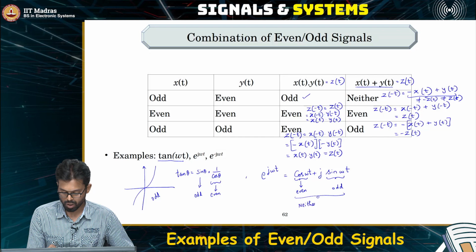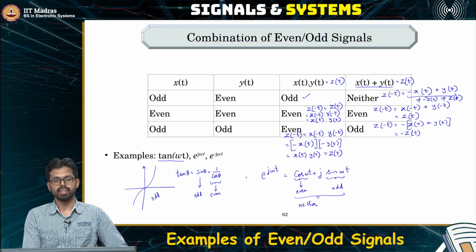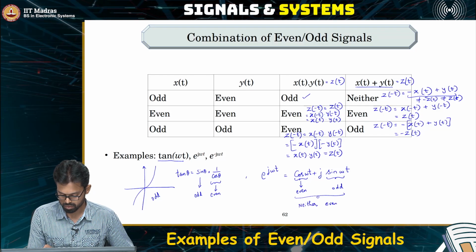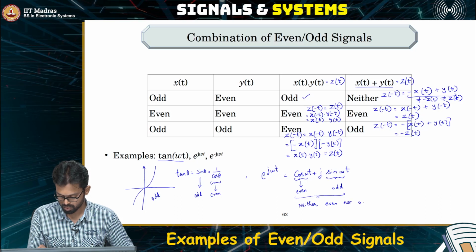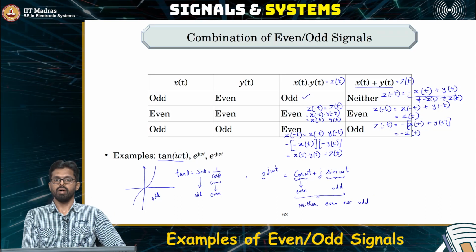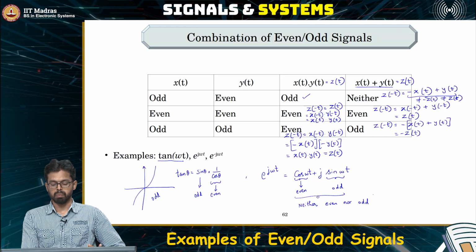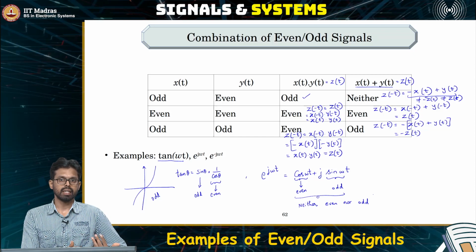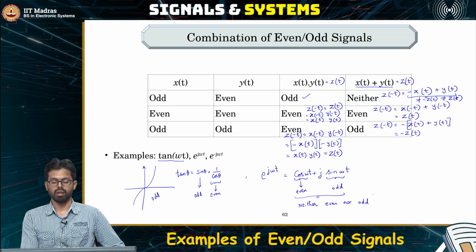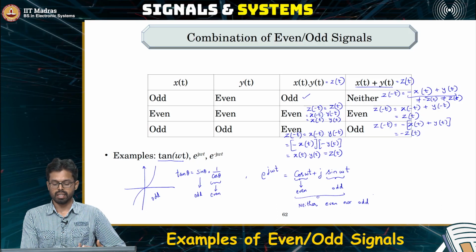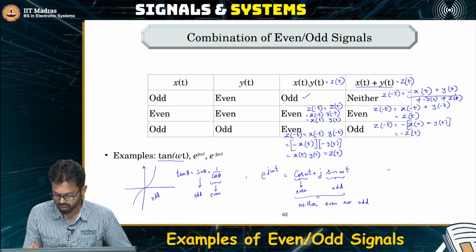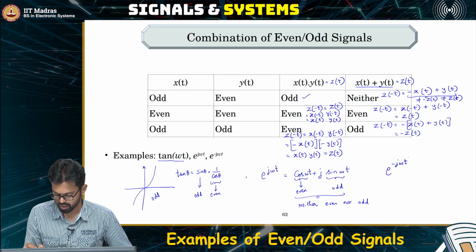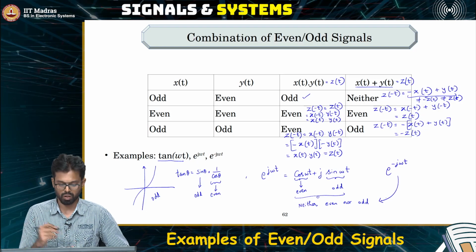Okay, so a complex sinusoid is neither even nor odd. Whereas a real valued sinusoid can be even or odd. If it is cosine, it is even. If it is sine, it is odd. But a complex valued sinusoid is neither of those. Similarly, e power j omega t is also neither even nor odd.